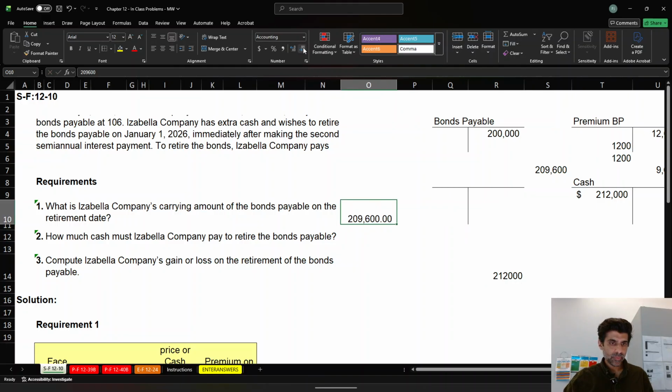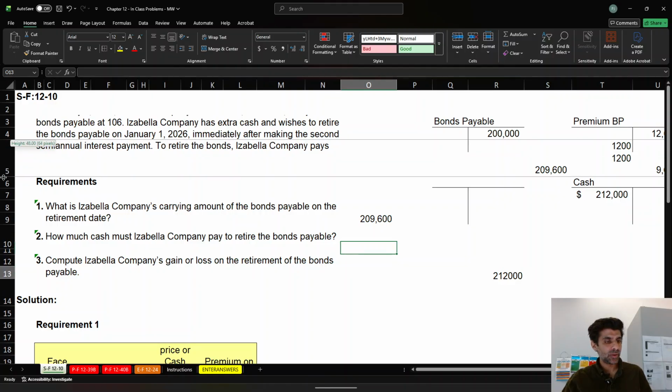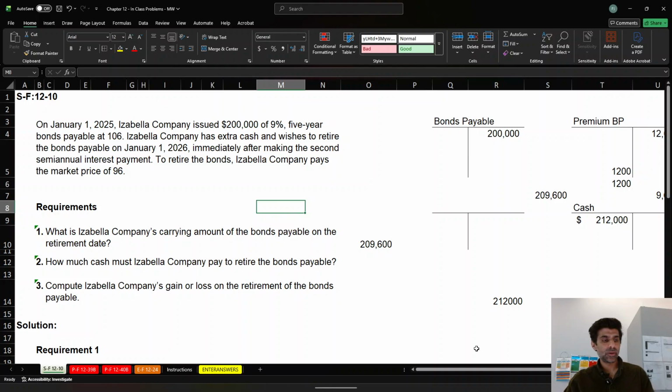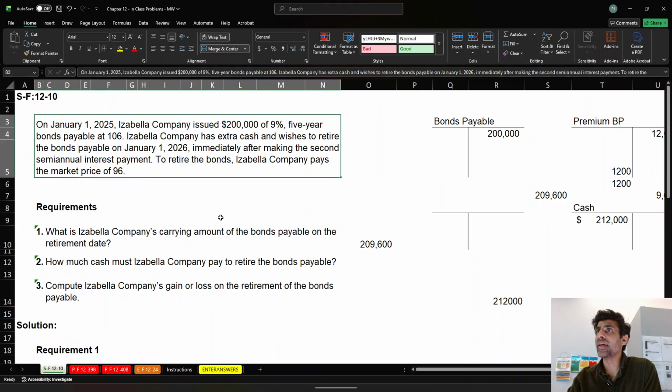Okay, so how much cash must the company pay to retire the bonds payable? This is a pretty simple calculation. What price am I retiring the bonds at? Okay, so we're retiring the bonds at 96 cents on the dollar.